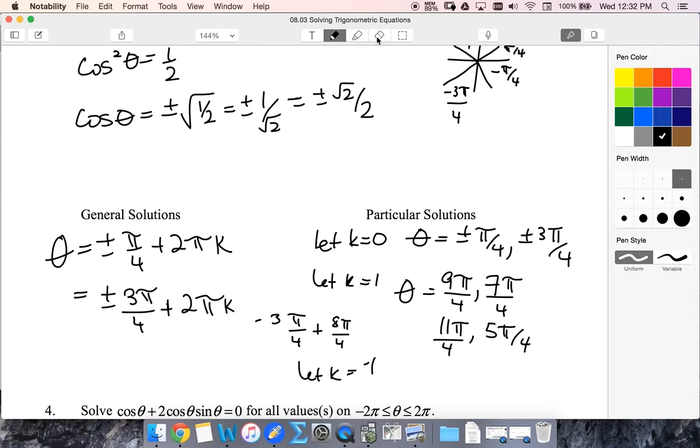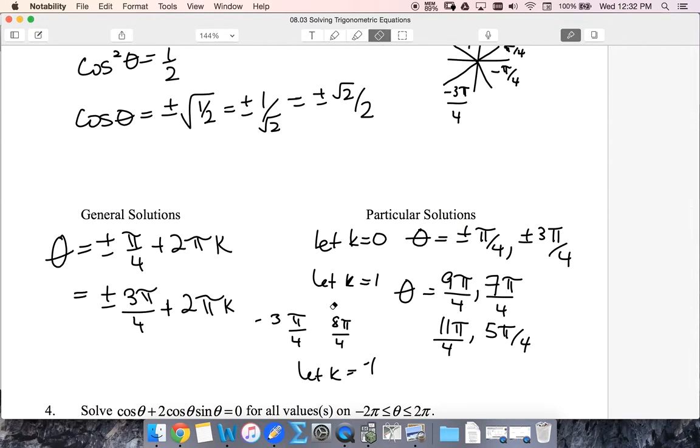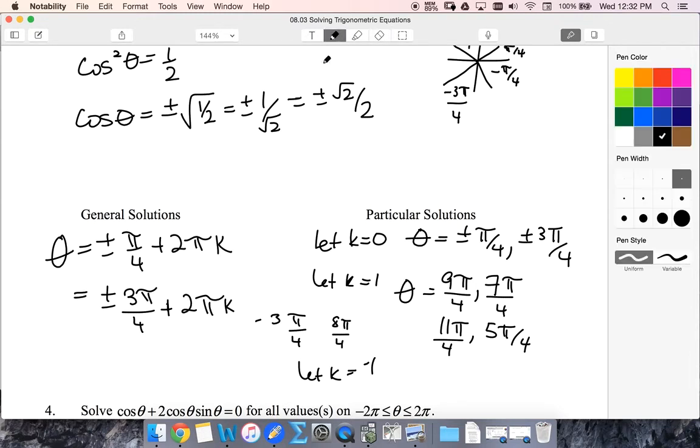So now we're going to be subtracting. So thinking just of pi over 4, pi over 4 minus 8 pi over 4, that's going to be negative 7 pi over 4. I could think of my negative pi over 4 minus 8 pi over 4. That's negative 9 pi over 4.